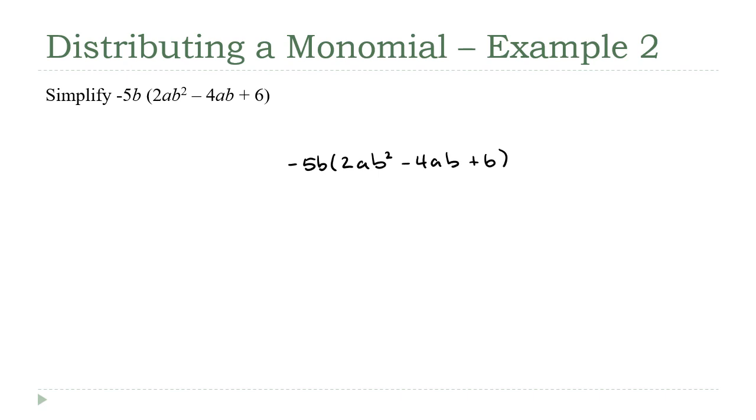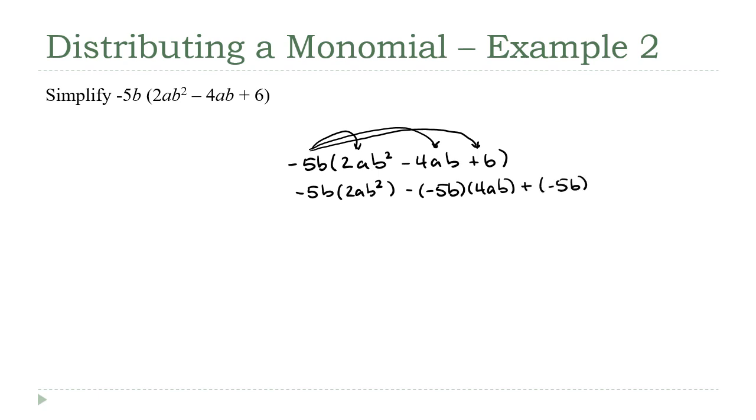So I'm going to do the exact same thing. I'm going to take this negative 5b, and I'm going to distribute it to all 3 of the terms. There's 3 now instead of 2 inside the parentheses. So I've got negative 5b times 2ab squared, minus, watch how I'm handling the negatives here, minus 5b times 4ab, plus negative 5b times 6.